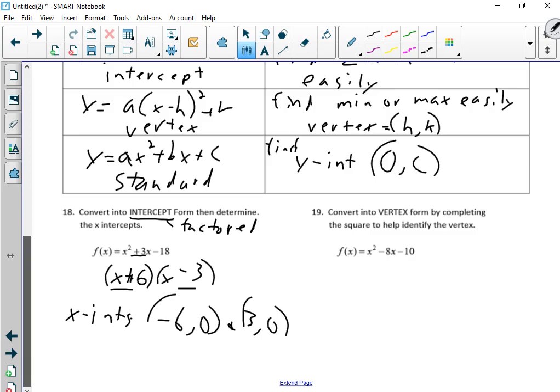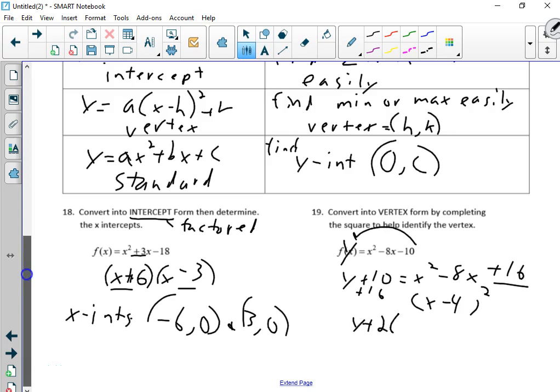Convert to vertex form by completing the square. So this is y. We're going to move this over. y plus 10 equals x squared minus 8x. Leave my blank. Go to my sheet. x minus 4. That's going to be plus 16 plus 16. So that makes y plus 26 equal to x minus 4 squared.